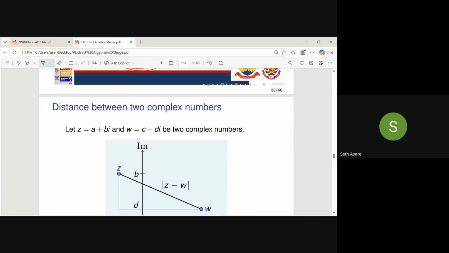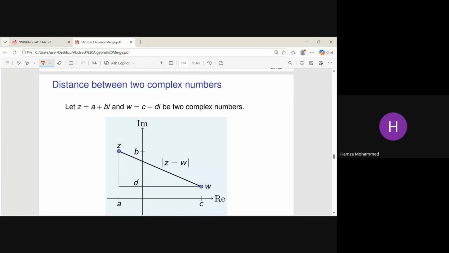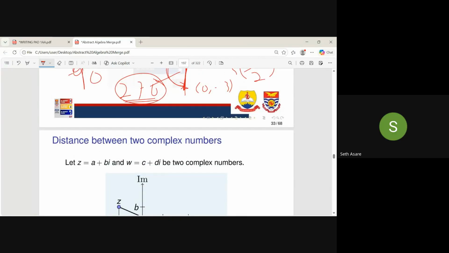Please, I would like to ask, after plotting the points, the quadrant that our graph falls in will determine the trig ratio we are going to use to find theta.